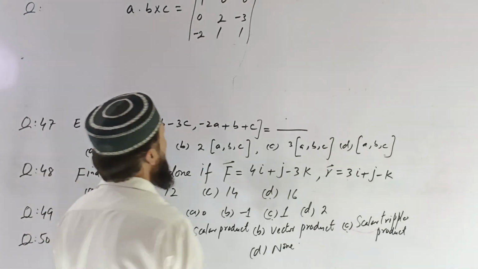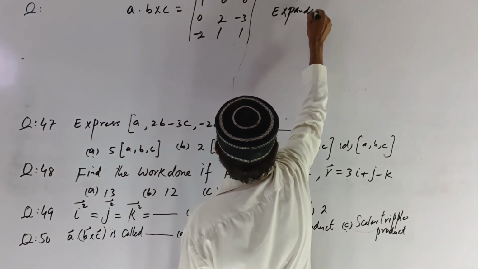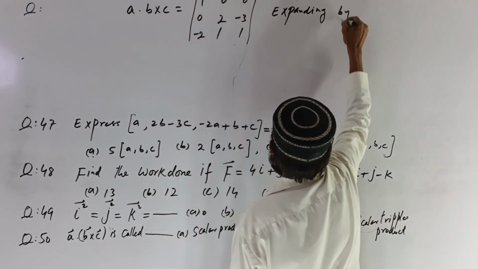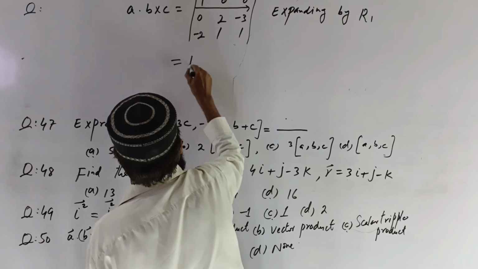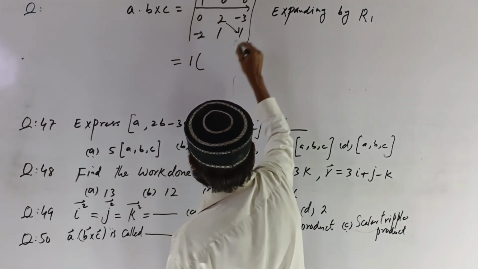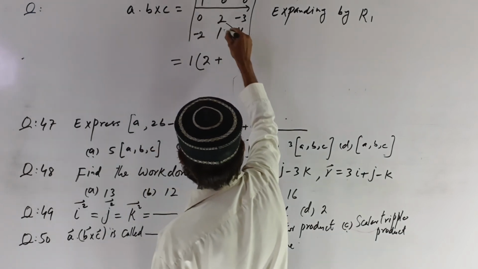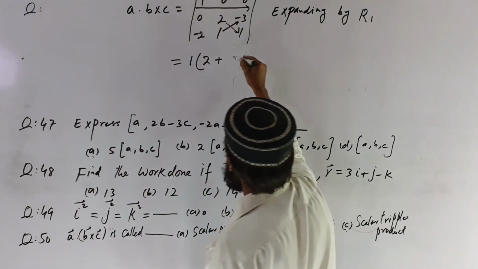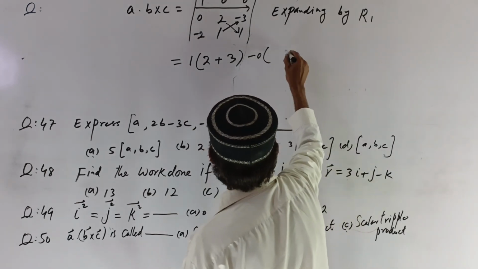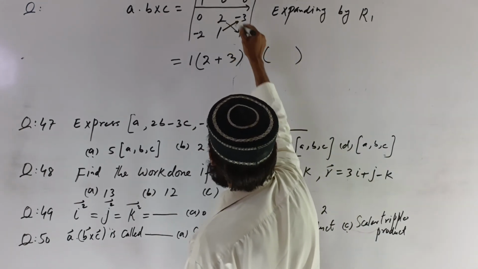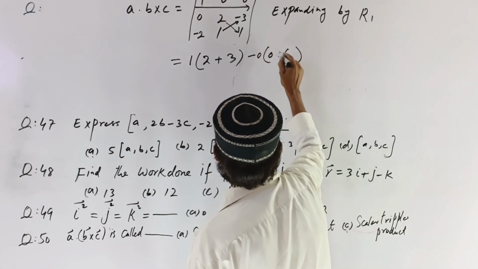Expanding by the first row, we get 2 multiplied by 1 is 2, minus, with the sign changed, 3 times 0, and then 6 minus 6.